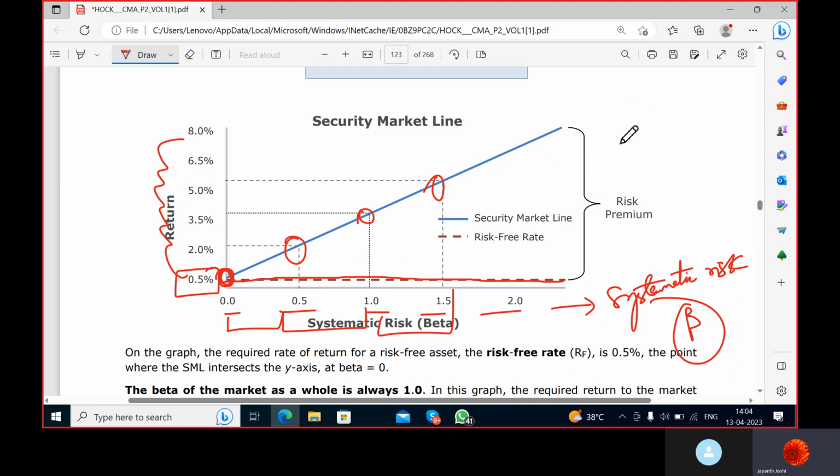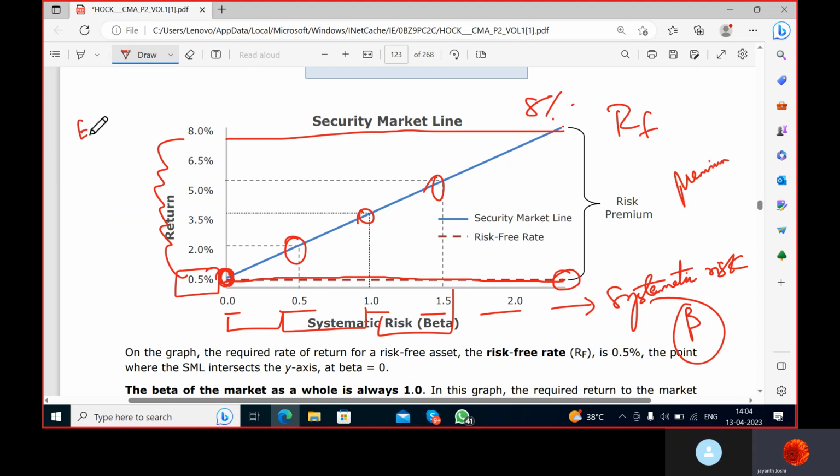And the difference between the risk-free rate, which is this, and this is market risk. All are market risk, correct? This is called market risk, systematic risk. Suppose you are at this point here, let's say 8%. The difference between 8% and 0.5 is called premium.